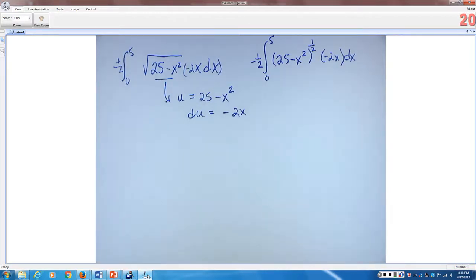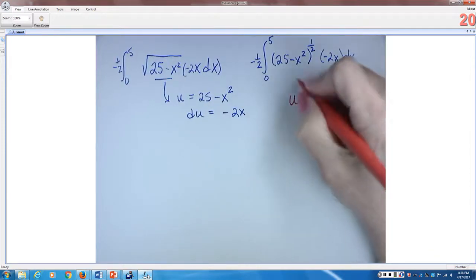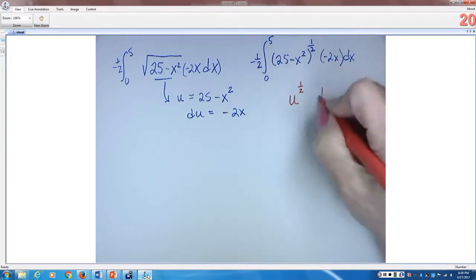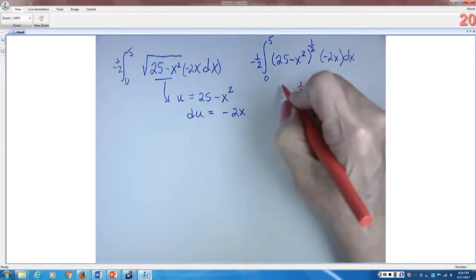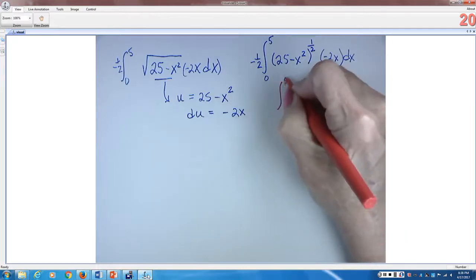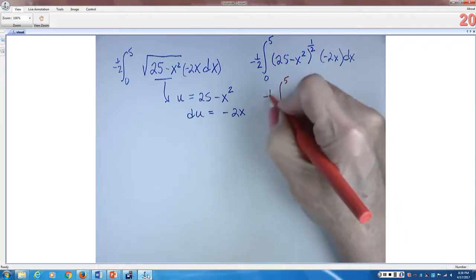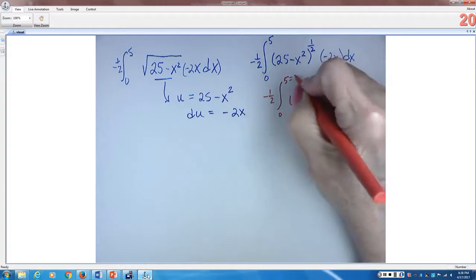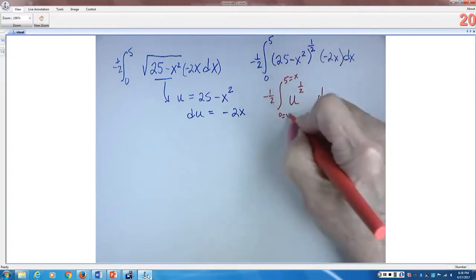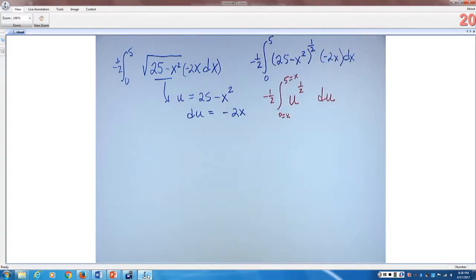So now that is turned into the integral of u to the 1/2 power du. But remember, these values here are x values, they are not u values, so you've got to go back and put your substitute back in when you're done.